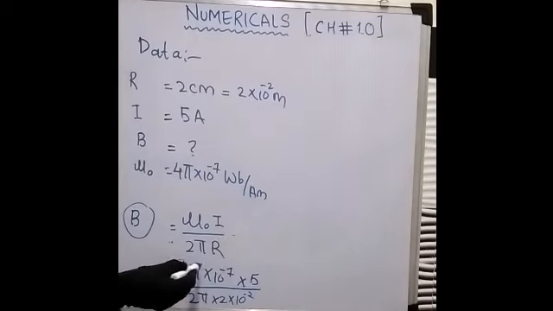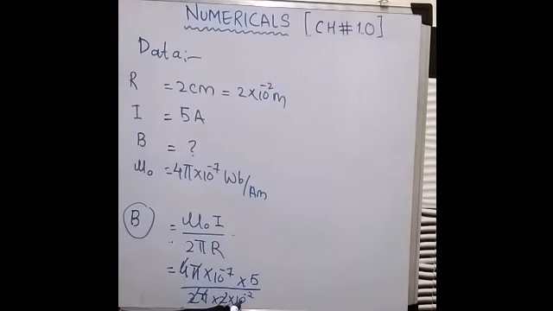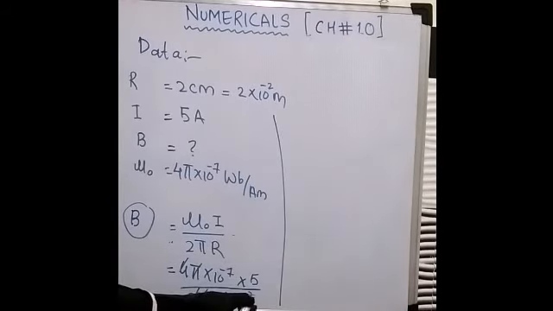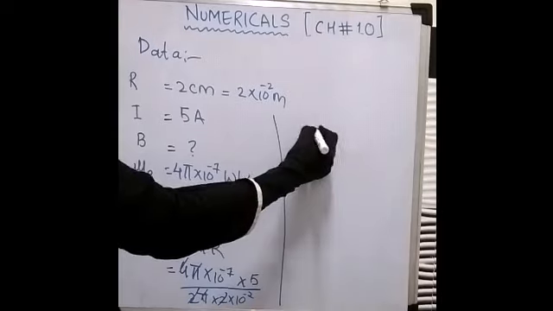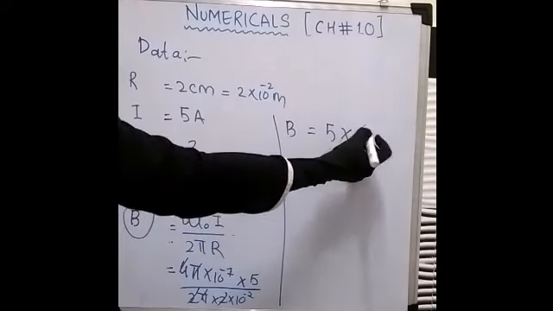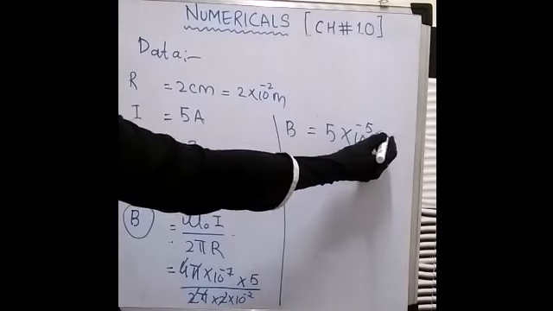So finally, pi cancels, 2 to 4, that means the 4 will also cancel. 10 raised to minus 2 is in the denominator, when it goes to the numerator, it becomes 10 raised to minus 7 times 10 raised to 2, that means 10 raised to minus 5. So finally the answer for this is nothing but 5 into 10 raised to minus 5 Tesla.